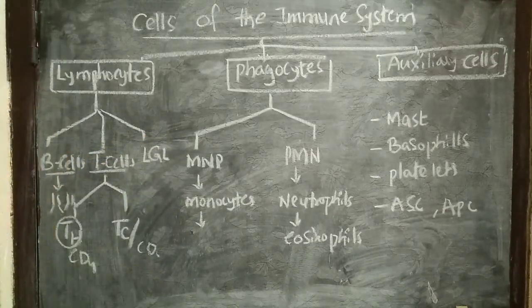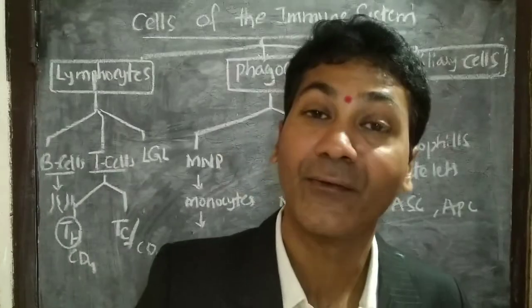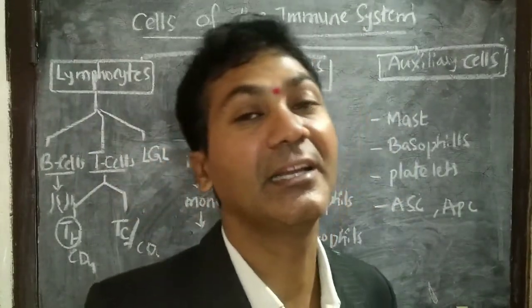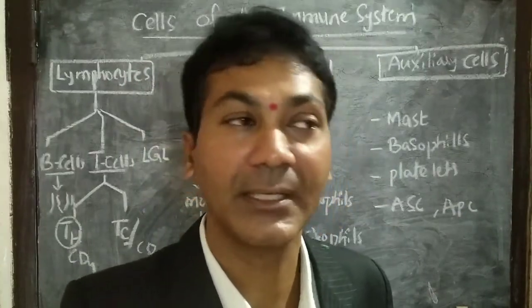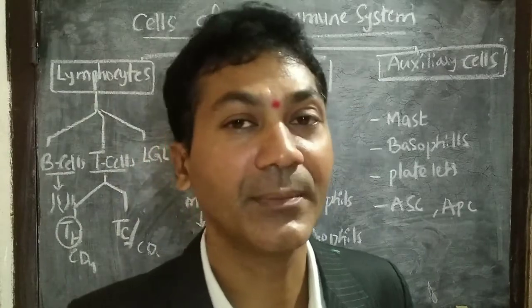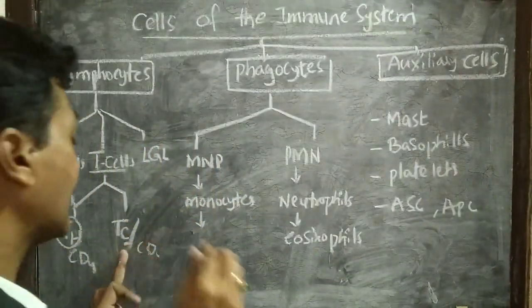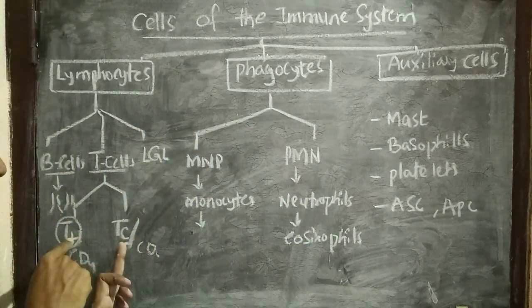Let us say TC cells, cytotoxic. What is cytotoxic? These cells, without releasing any antibody, directly kill the infected cell. If any cell in our body is infected by bacteria or virus, it will be destroyed by the TC cell. But for the TC cell to differentiate, there is a need for interleukin from the TH cell.